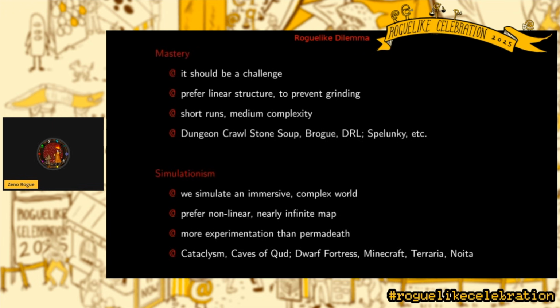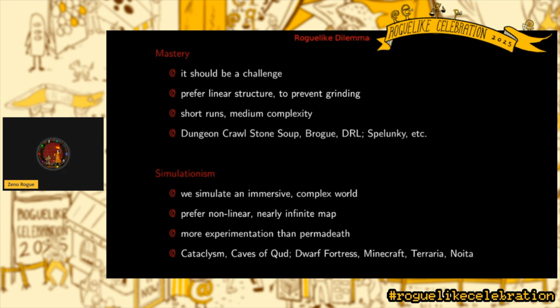Roguelike games use two kinds of approach, right? Roguelikes are commonly associated with mastery, so the game should be a challenge. But we also have simulationism, right? The idea here is to simulate an immersive, complex world, and they are very different approaches.